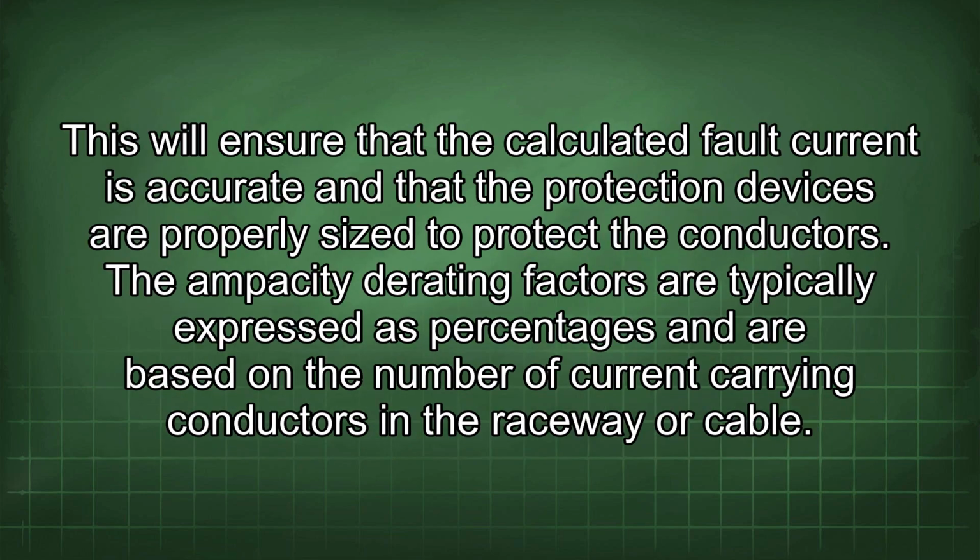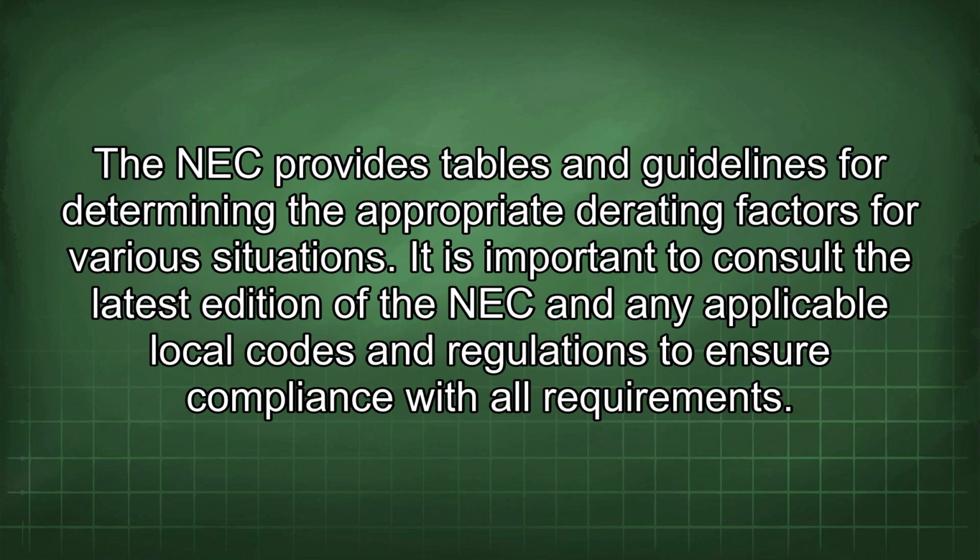This will ensure that the calculated fault current is accurate and that the protection devices are properly sized to protect the conductors. The ampacity derating factors are typically expressed as percentages and are based on the number of current-carrying conductors in the raceway or cable. The NEC provides tables and guidelines for determining the appropriate derating factors for various situations. It is important to consult the latest edition of the NEC and any applicable local codes and regulations to ensure compliance with all requirements.